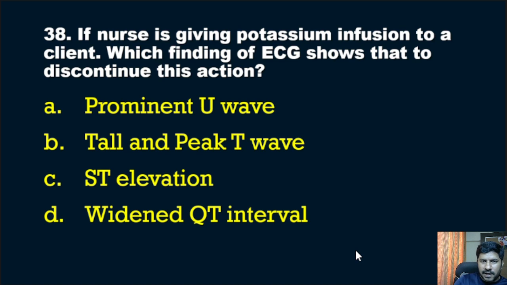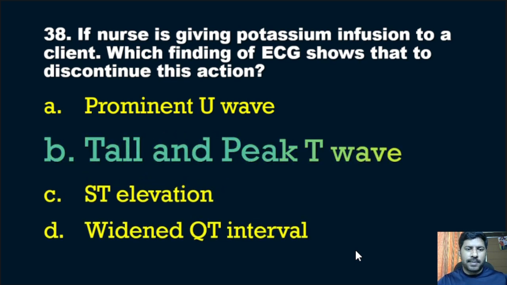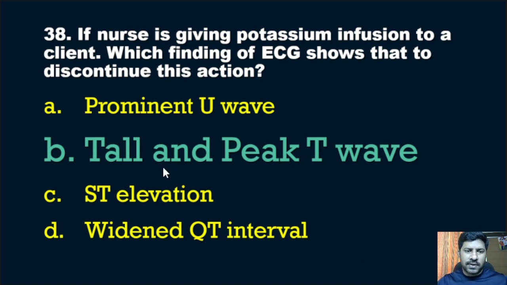It should stop either when the patient's blood report shows potassium within normal level, or the nurse should stop immediately if there are signs of hyperkalemia. So here the hyperkalemia sign is tall and peaked T wave. Hyperkalemia, if noticed in ECG, then the nurse should immediately discontinue the infusion.